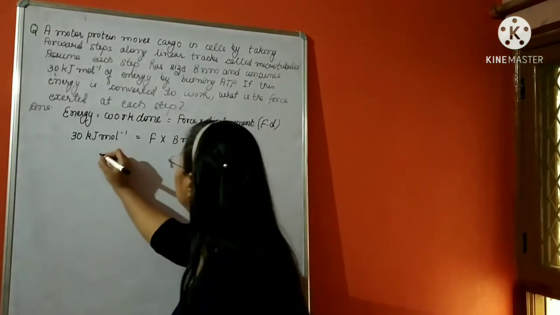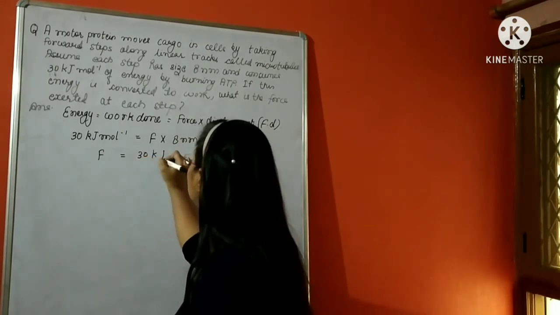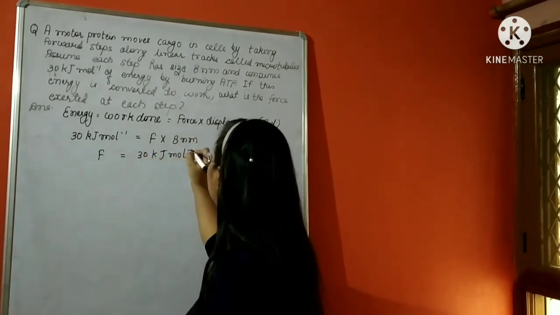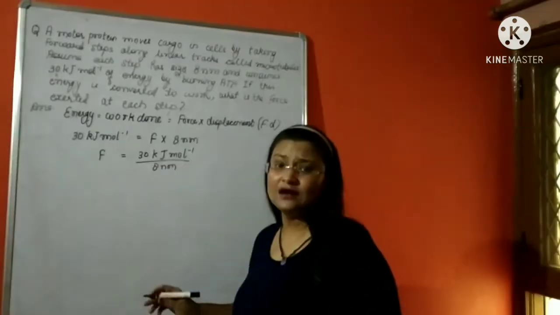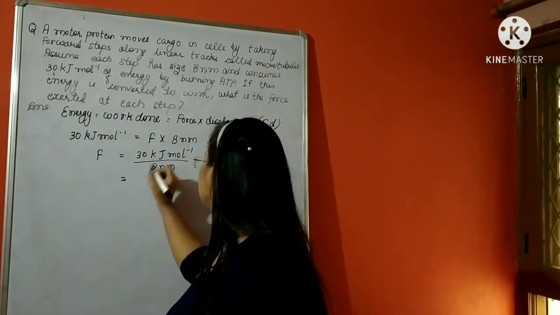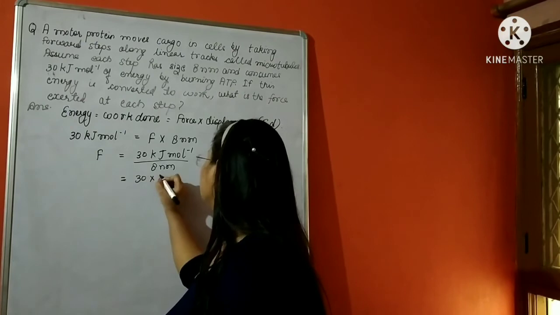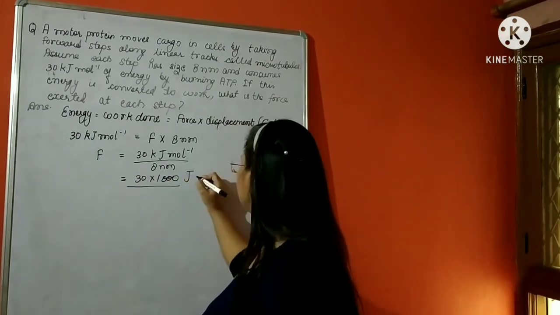Now in order to find out force, we will do 30 kilojoule per mole by 8 nanometer. Now we will simply convert these values to the standard forms. So kilojoule will be 30 into 1000. Now it is in joules per mole.